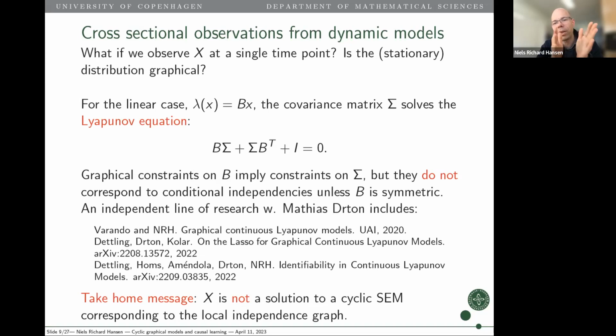Here it seems that often there are no conditional independencies in the equilibrium distribution, even if the corresponding local independence graph is very sparse and does imply a lot of constraints. The way we look at this is through these algebraic equations, just for this very special case here, where we see algebraic constraints on the covariance matrix that do not correspond to any conditional independence constraints in the Gaussian case.